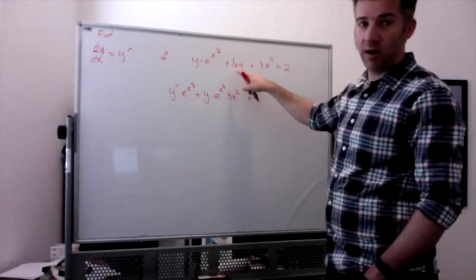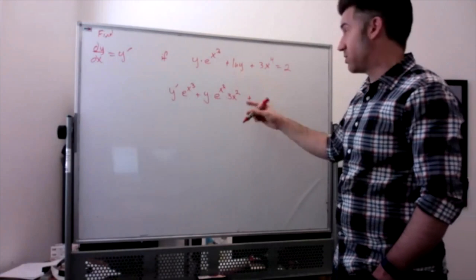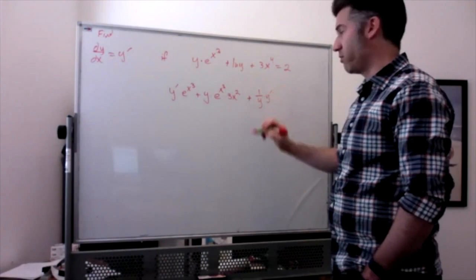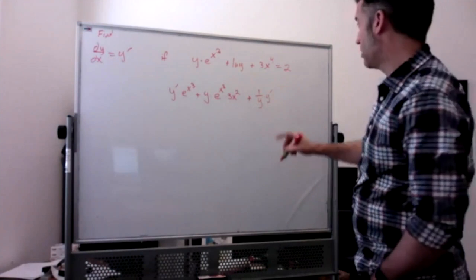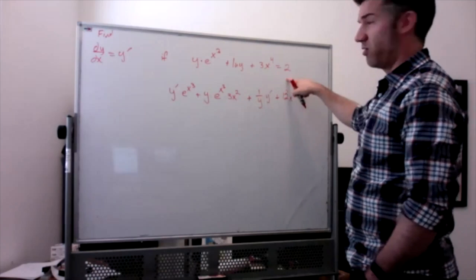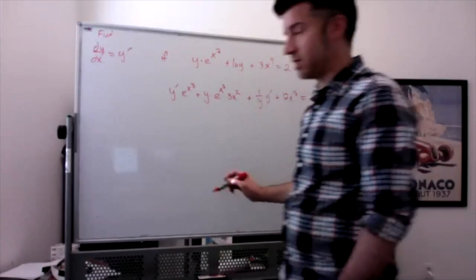The derivative of the natural log of some stuff is 1 over the stuff times the derivative of the stuff. So the derivative of the natural log of y is 1 over y times y prime. The derivative of 3x to the fourth is just 12x cubed, and the derivative of 2 is 0. So then we need to isolate y prime.